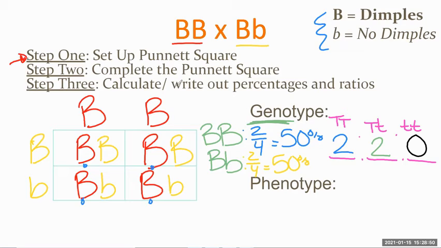This tells me that I see babies with dimples. This also tells me that I don't see a single baby without dimples, since I don't see any homozygous recessive. So all I see are dimples. For our percentage, we just look at how many have dimples. So 4 out of the 4 have dimples, which makes it 100%.